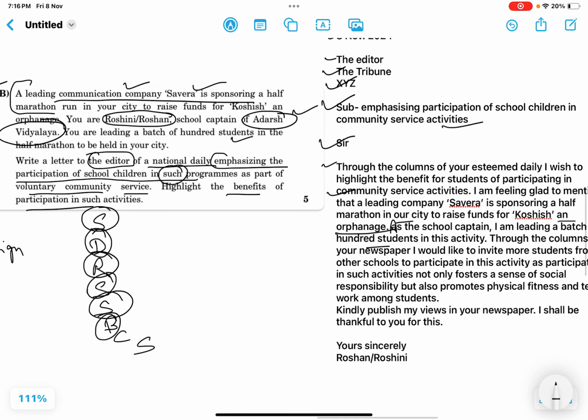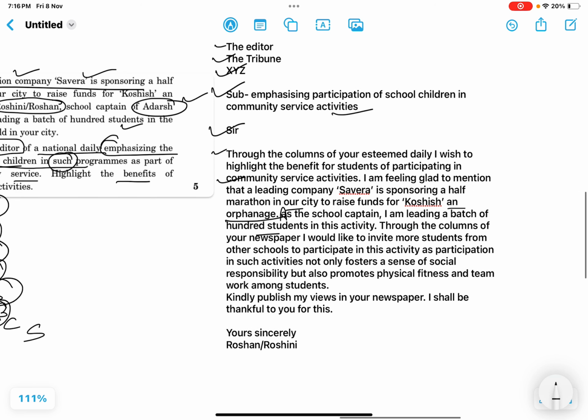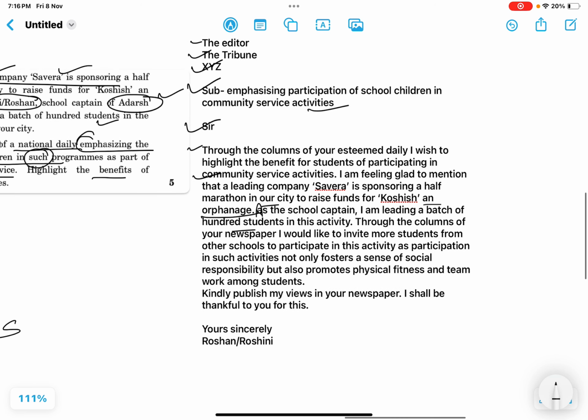Then now what you want to convey, you want to emphasize the participation of other students from other schools. So through the columns of your newspaper, I would like to encourage more students from other schools to participate in this activity. As now, how these kind of activities would benefit the students.